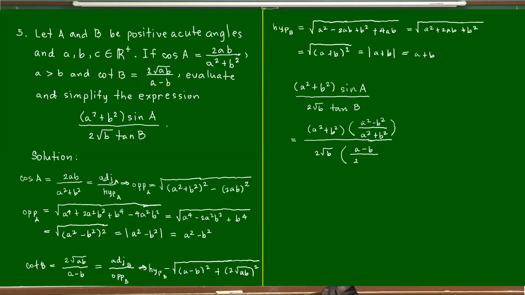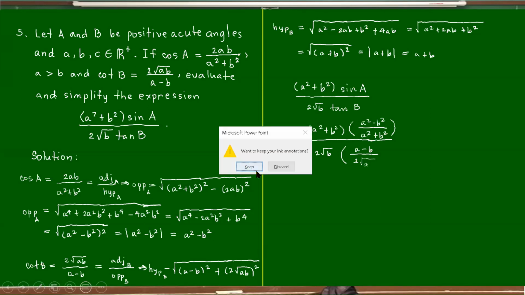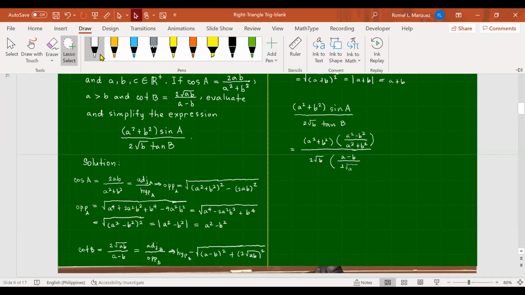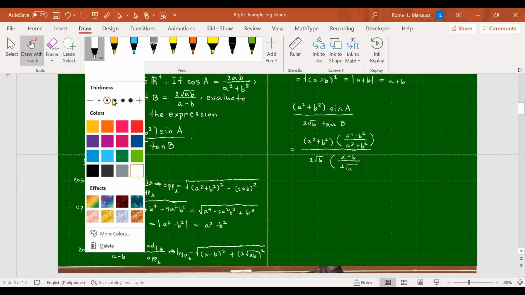Let's continue. What am I going to write? 2 square root of ano to? Square root of AB. A minus B. Nipis-nipis na ng sulat. Wait a minute ha, I will change the size of the pen.